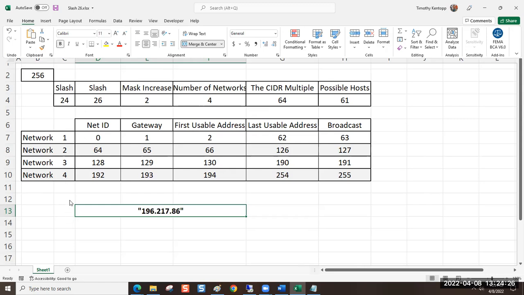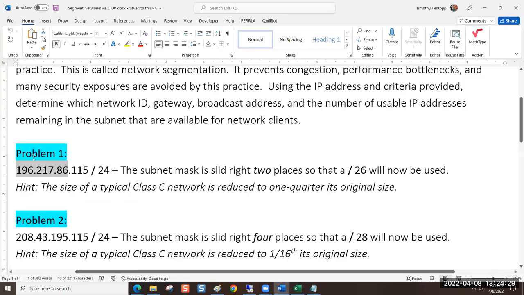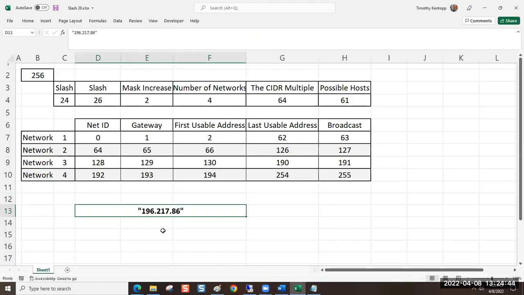Yes. So let's go back to our problem. We're dealing with a 196.217.86.115 network. And from the subnet mask, we know that the .0/24 is the network identity. So in our spreadsheet, just so we understand the context: I have a Class C public address network, and that network is 196.217.86.0.